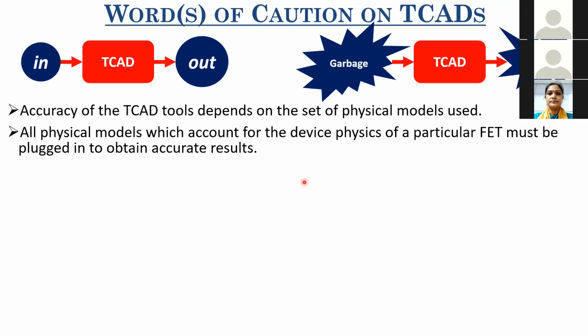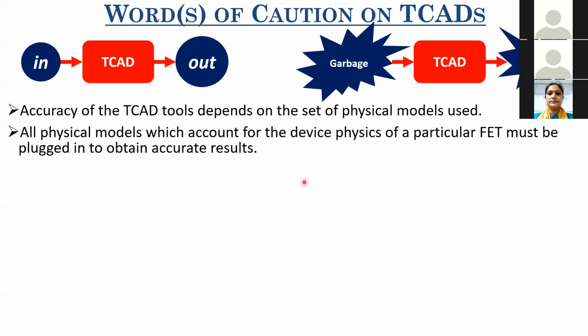So first of all, the user needs to be aware of all the physical models which can affect the device performance. For instance, let's say we are using a MOSFET. In a MOSFET, you know that the carriers flow close to the surface in the on state, in the inversion layer, which is a very thin layer. Also, from a fabrication point of view, whenever you make a surface, it contains defects or some roughness.